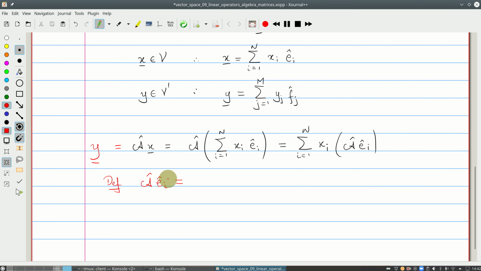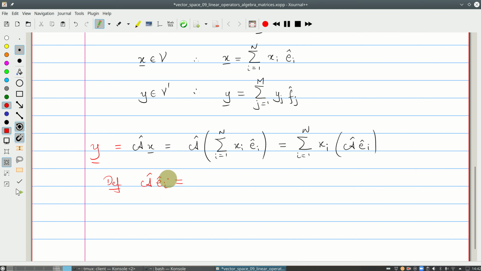V prime. Now any vector in the space V prime can be represented as a linear combination of the basis vectors of that space, and the basis vectors of that space are the Fj's. Now there are m of these, so j goes from 1 to m. And there'll be some coefficients here. We need to call these coefficients something.